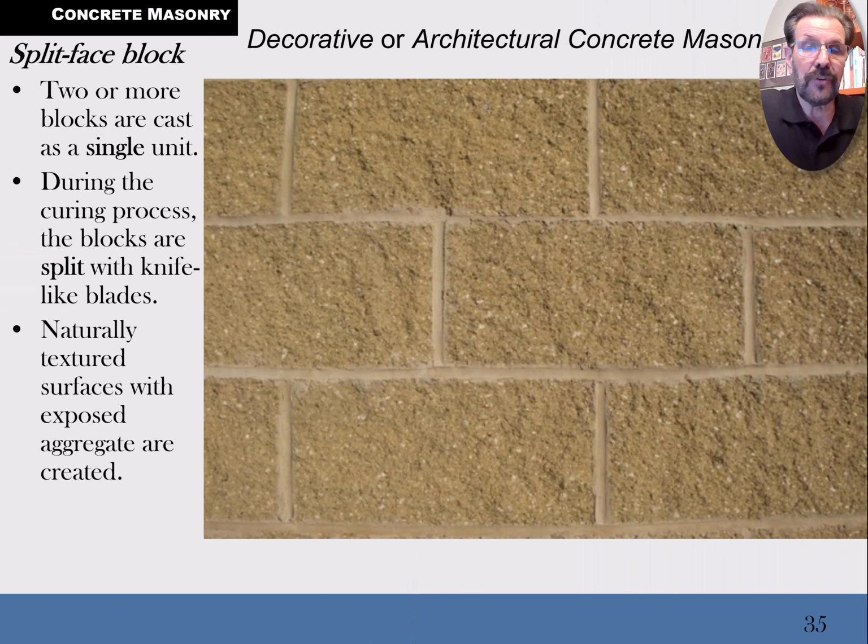Now, I showed you the split face before. This is a close-up of probably the same wall. It looks to me like they have stained this wall with some kind of a stain that's soaking into the block wall, and maybe even sealing it too, to keep mold from growing in it. So maybe some of these stains are somewhere between a stain and a sealer and paint, and so it still isn't coating it so badly that it doesn't look like stone, or maybe so, I don't know.